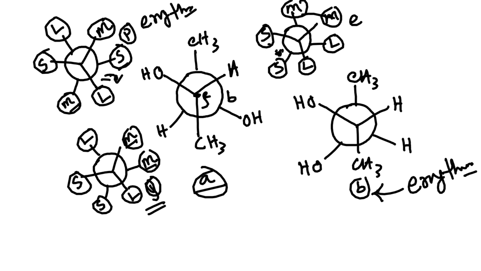Now tell me, between A and B, which one is erythro and which one is threo? Erythro and B is threo. Yeah, so A is erythro and B is threo. All right.